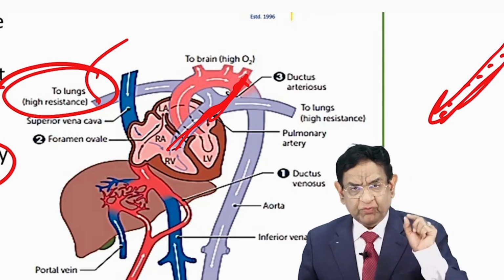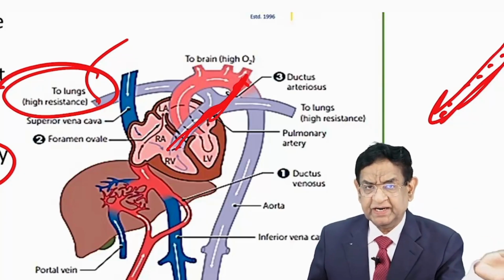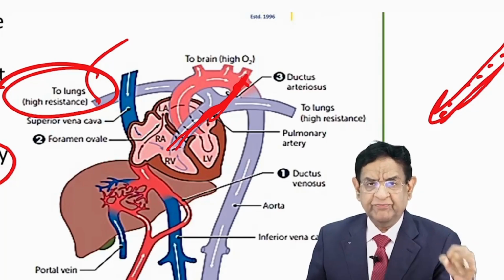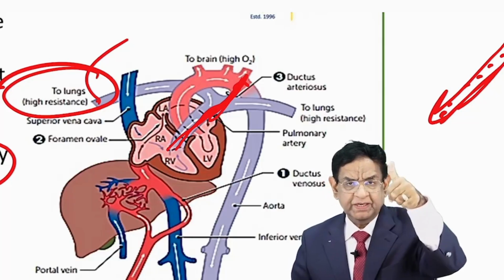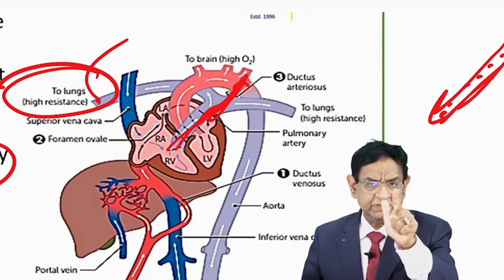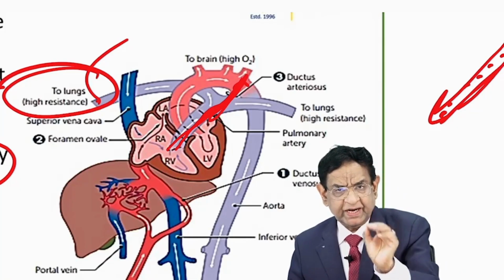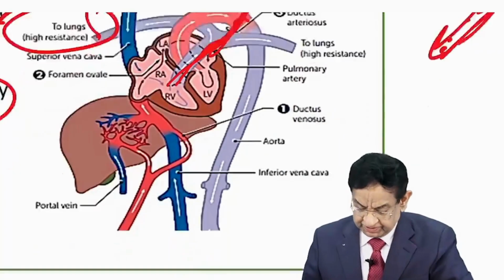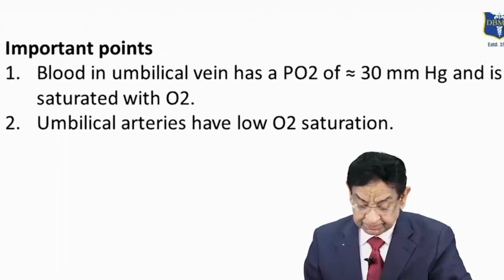Next, why does the blood not go into the pulmonary circulation in intrauterine life? Because of high pulmonary vessel resistance. So there are only 4 keywords to be remembered: ductus venosus, foramen ovale, ductus arteriosus, and very high pulmonary vascular resistance. That's all. With this background, now let me show you something more.